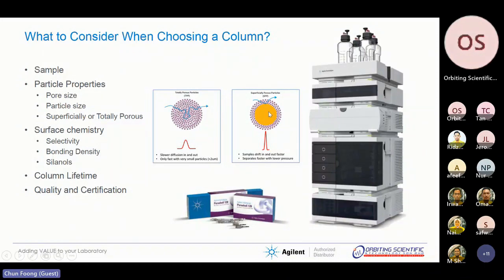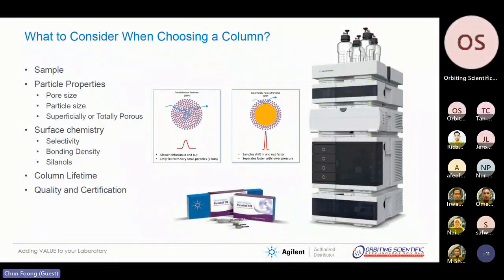They insert a solid core in the particles, so when you introduce a sample, the analyte traveling through the column has a shorter diffusion path. From here we can see the same amount of analyte traveling through these two different columns. For the totally porous particles, you will have a wider peak, while for the superficially porous particle column, you will have a sharper peak.